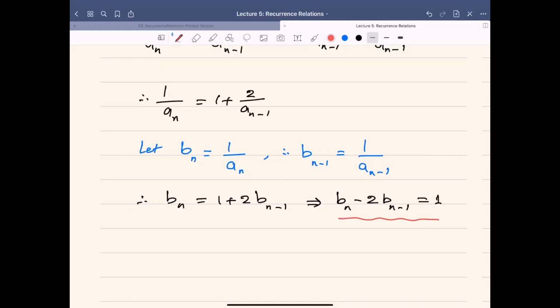This is a non-homogeneous recurrence relation. We will solve it like what we have done before. We need to find the characteristic polynomial.